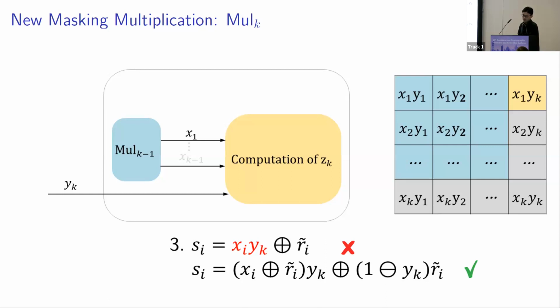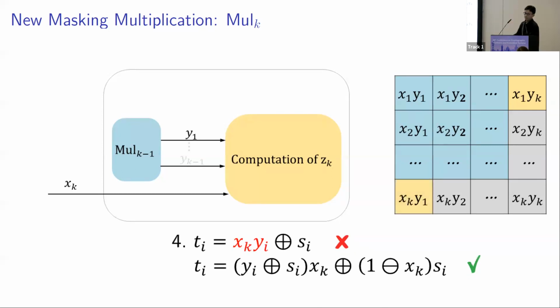So to solve this problem, we use the variable tilde Ri to mask xi and yk respectively. Next, we want to calculate Ti, which covers the new product xk times yi. The same process is followed, and we use Si to separate xk from yi.